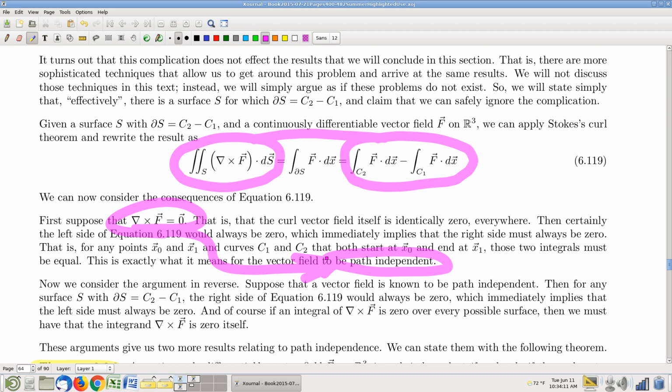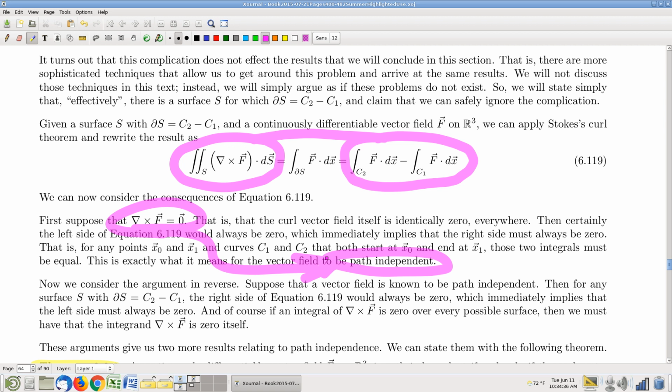And the argument reverses very nicely. If the vector field is path independent, then whatever your setup is, these two line integrals are going to be the same. That means this difference will be 0, which means that this flux will be 0. Now wait a second. How could a flux be 0 through any surface, no matter what the surface is?